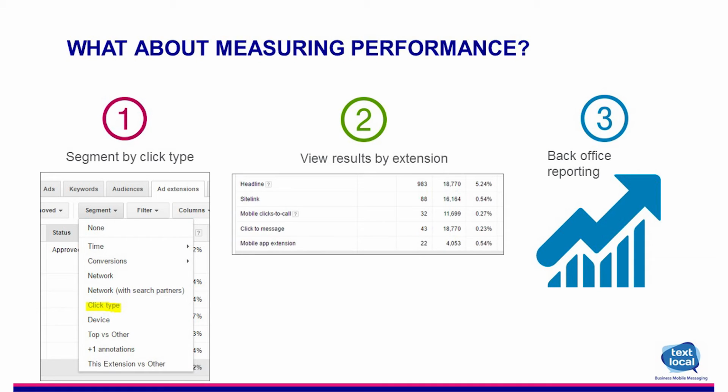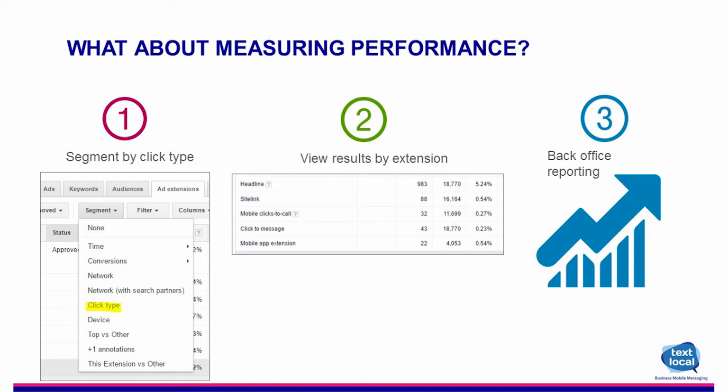It's also worth highlighting here that, as I mentioned earlier, this is a very new feature that Google have released. So we're pretty sure that over the coming months there'll be more visibility within the AdWords interface itself about the kind of data that you can see and how you can measure performance.